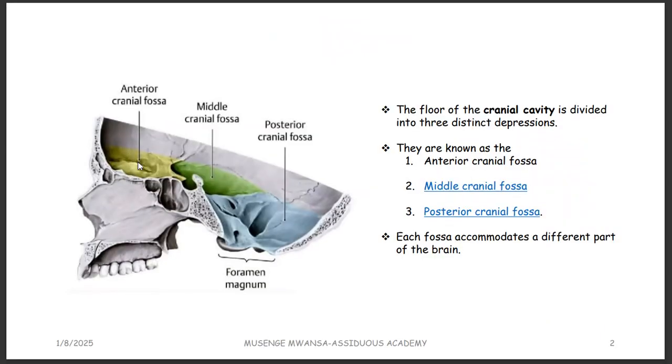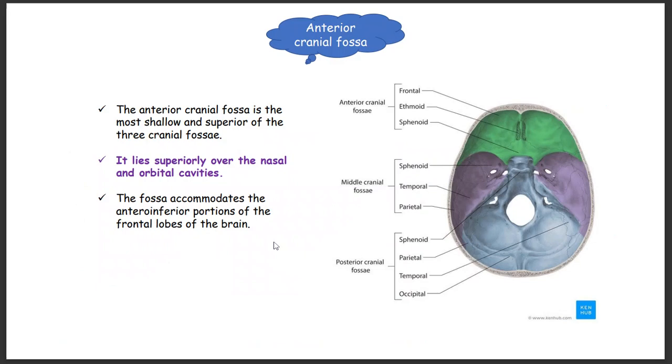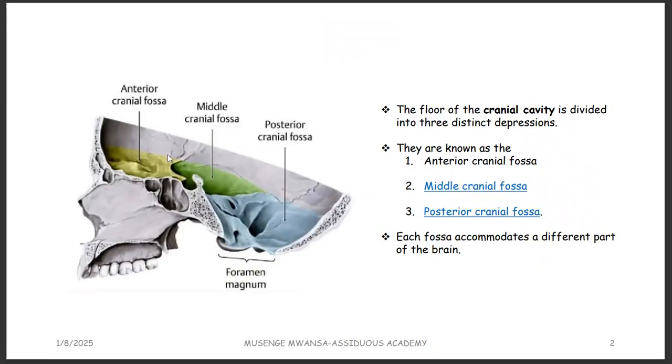It is very much on top in comparison to these others, and it accommodates the anteroinferior portion of the frontal lobe of the brain. Because what is happening is that the brain is sitting here. The front of the brain, you call that the frontal lobe. The way you name the parts of the brain is just following the bones: frontal lobe, parietal lobe, occipital lobe, temporal.